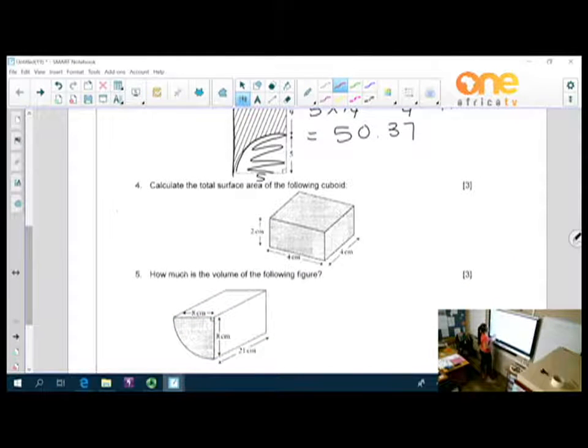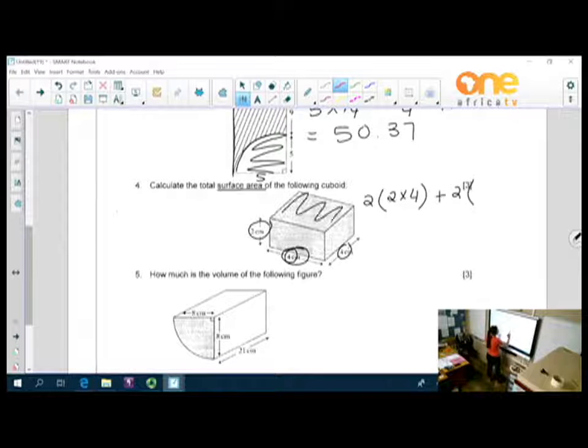Number 4, calculate the total surface area of the following cuboid. So the total surface area, we will have 2 sides of each. So we will multiply each one with 2. 2 times 4. Plus, we will have 2 sides of 4 and 4. This is this larger part.